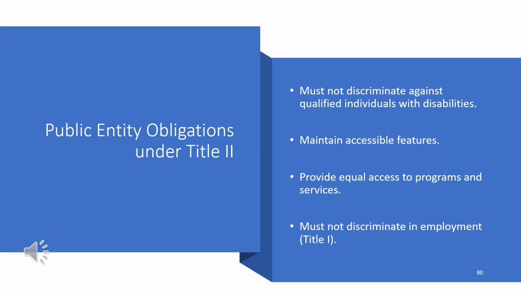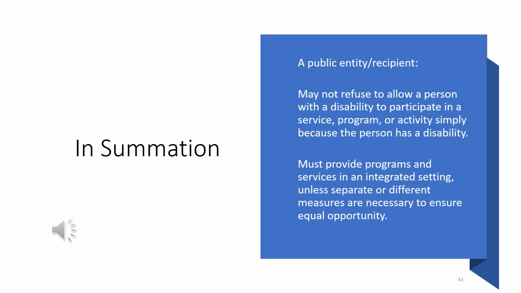A public entity must also not discriminate in employment. A public entity may not refuse to allow a person with a disability to participate in a service, program, or activity simply because the person has a disability.